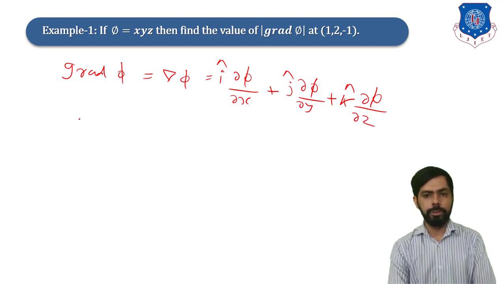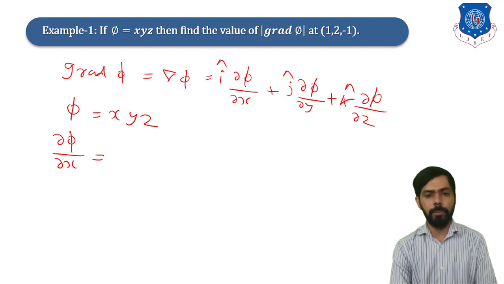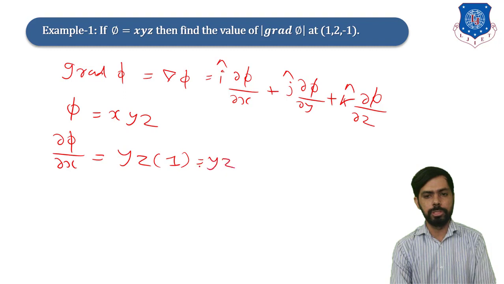Here phi is equal to xyz. First step, we find del phi by del x. The meaning of del phi by del x is that we take partial differentiation of phi with respect to x. Then y and z will be constant, and the derivative of x with respect to x will be 1. So this will be yz.